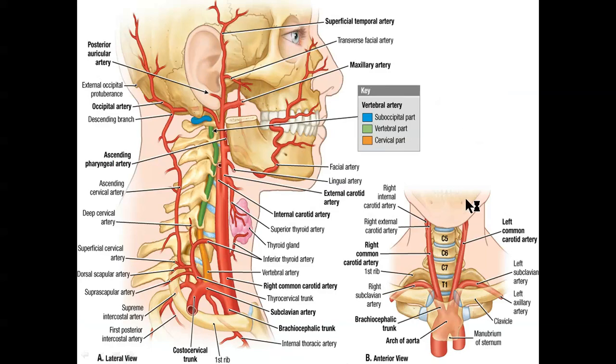As already mentioned, here we can appreciate, since this one is the maxillary artery, this one is your superficial temporal artery. It can be easily palpated. If you put your index finger above your zygomatic arch, in front of your tragus, you can feel the pulsation.